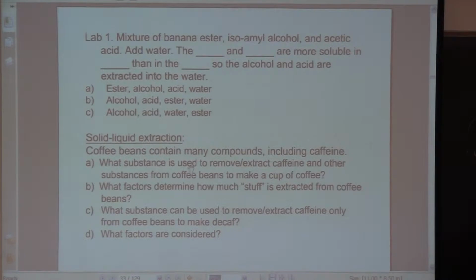So here's question A. What substance is used to remove or extract caffeine and the other substances from coffee beans to make a cup of coffee? So what substance do you use to extract the caffeine and those other substances?